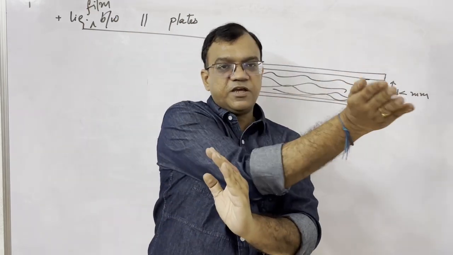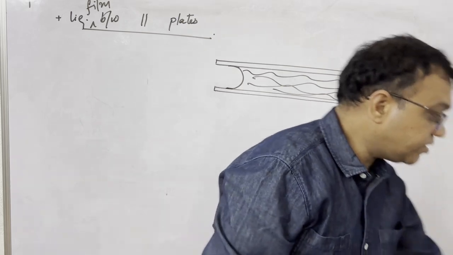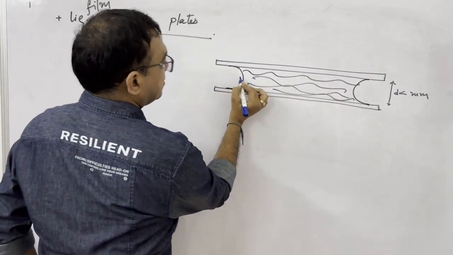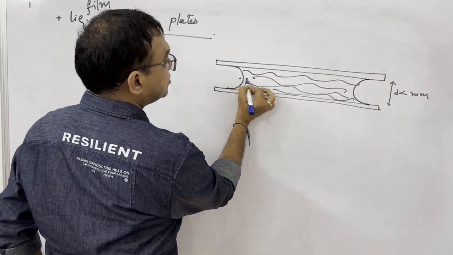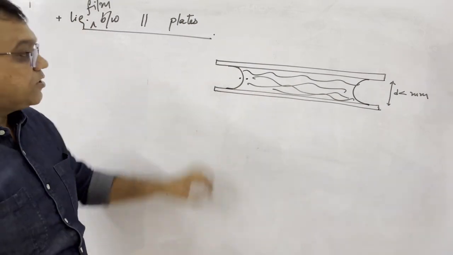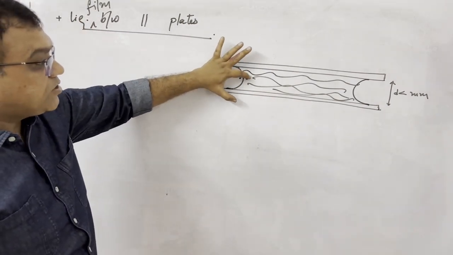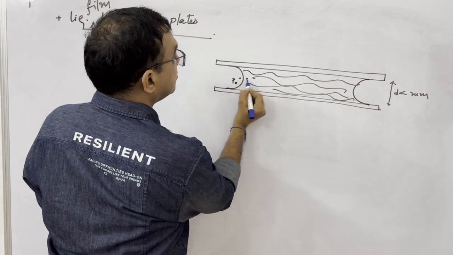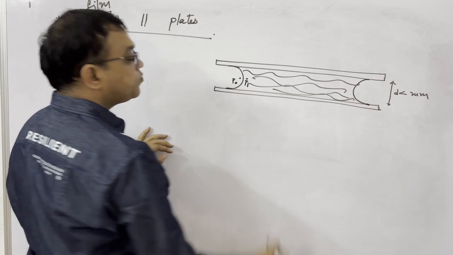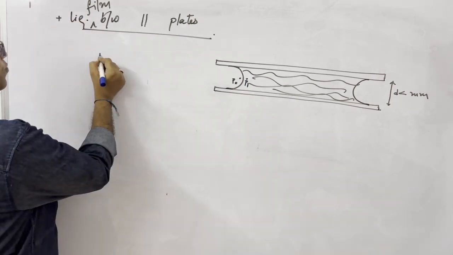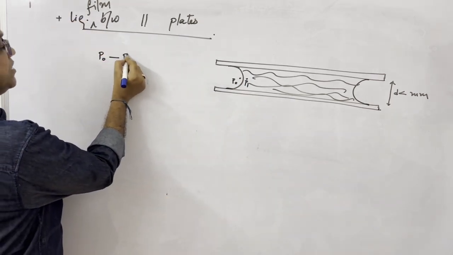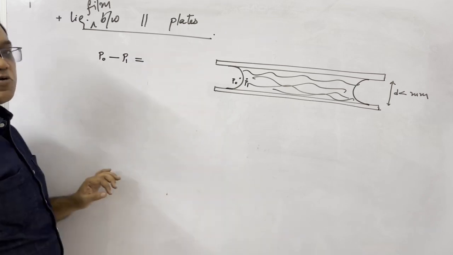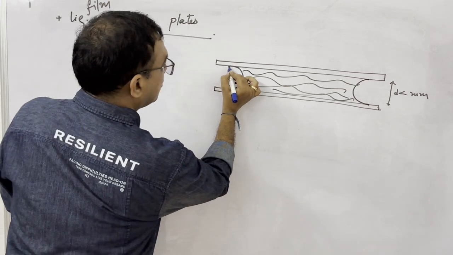And similarly here also. Now what happens here? This is the concave side, this is the convex side. Here the pressure is P0, and say here the pressure is P1. So P0 minus P1 is equal to S times (1 upon R1 plus 1 upon R2).